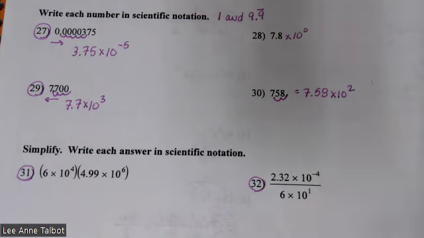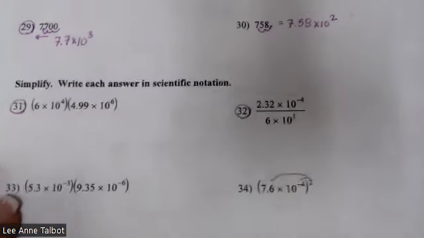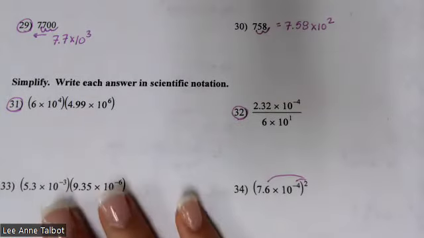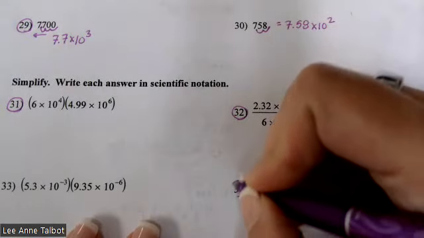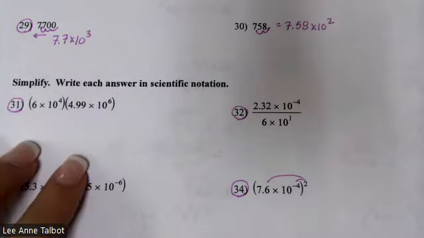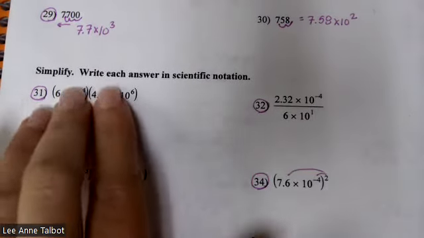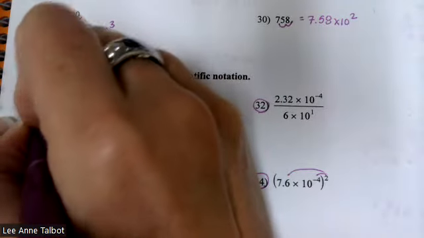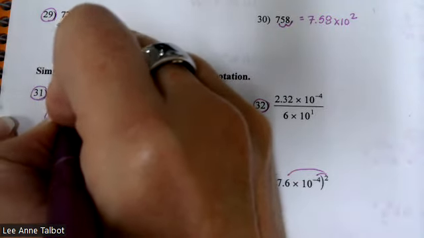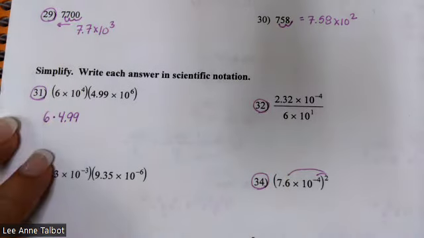Okay. Now we're going to do these and then I'll let you do number 33 on your own. So multiplying numbers just like exponent problems, you multiply the numbers in front. So 6 times 4.99.